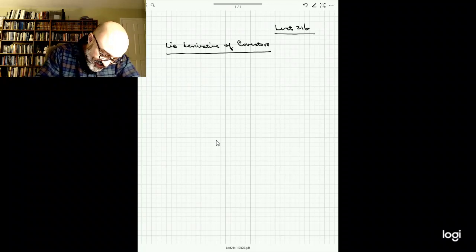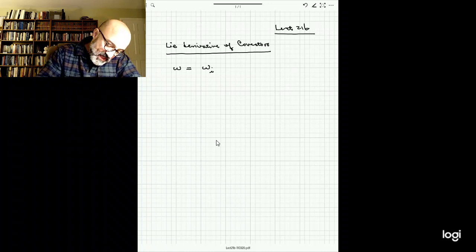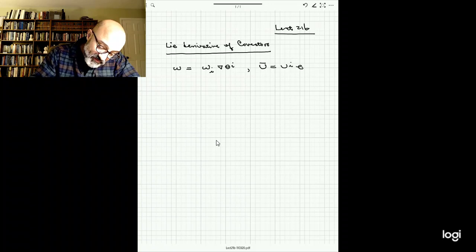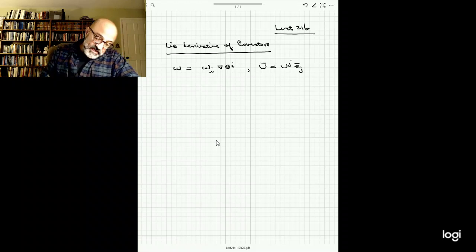The first thing is, if we have a covector, which we write with components that have lower indices, and then the basis covectors are written like that. And we have a vector, let me call it U. The vector U has components and basis vectors. Let's write it u^j e_j, like so.